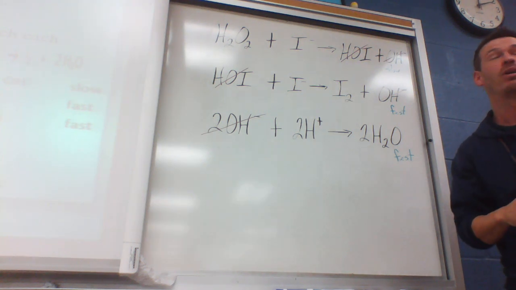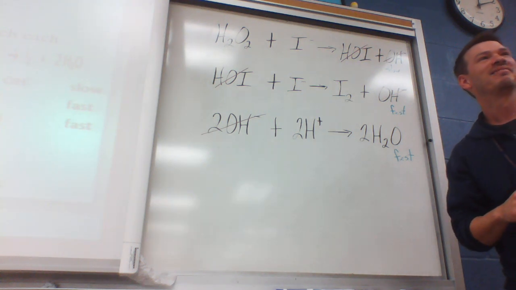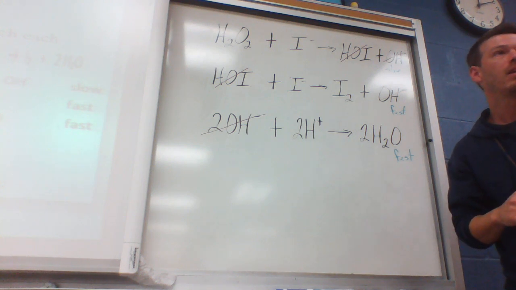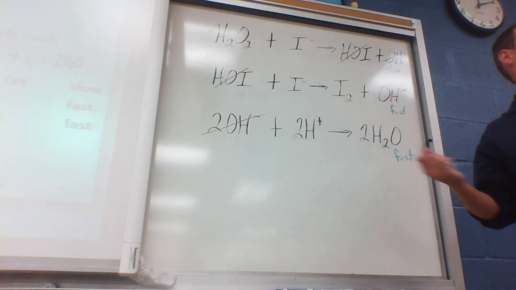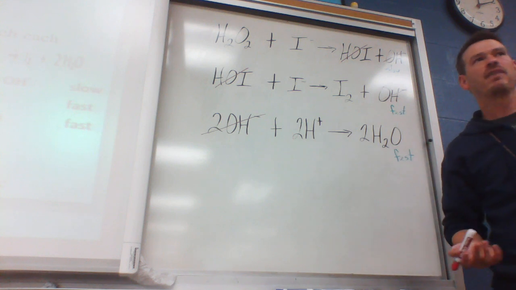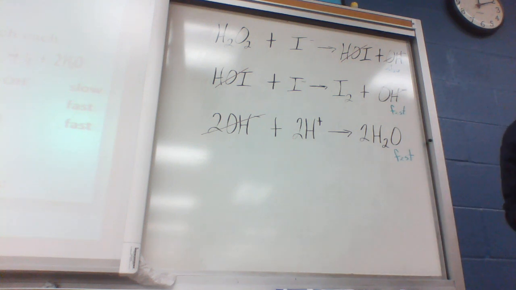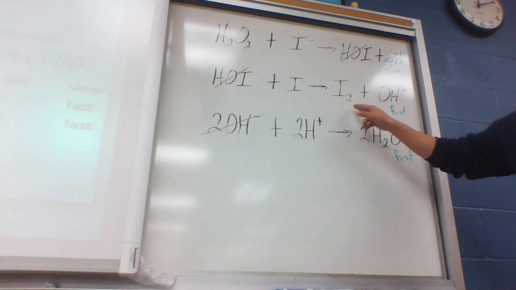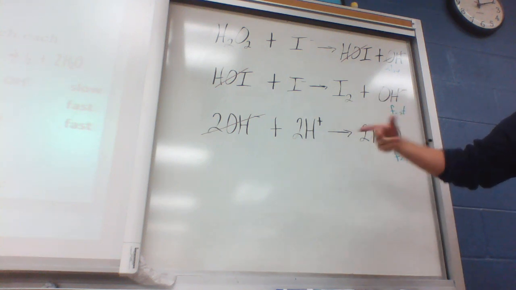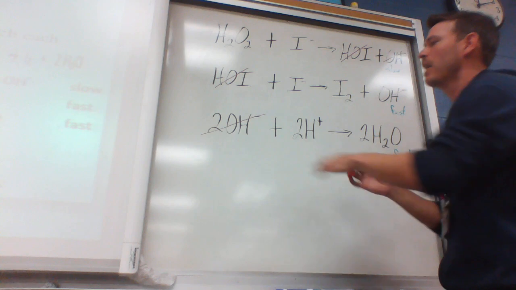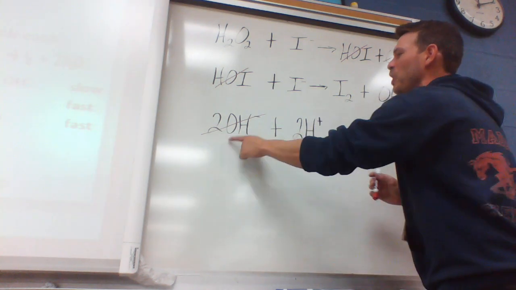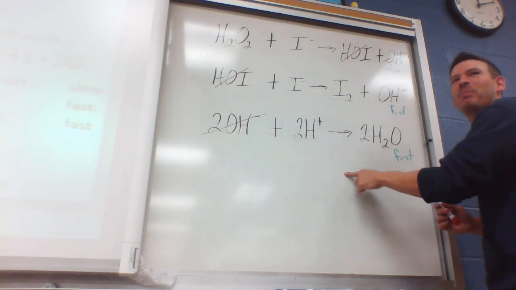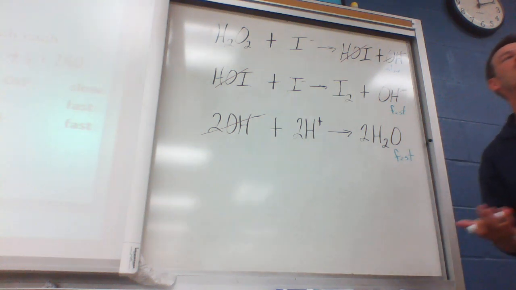So the only reason we can't do it is basically that subscript. Exactly. It makes it different because I minus is different than I2. For you to cross it out, you need a coefficient, because 2 OH minuses is really OH minus plus OH minus. That's what it really is. We just don't write it like that.